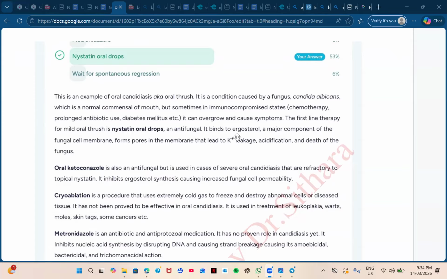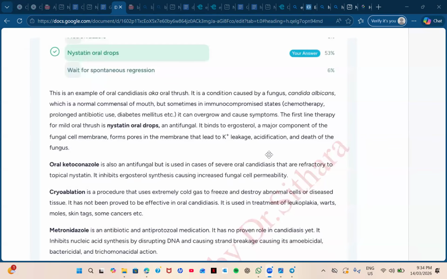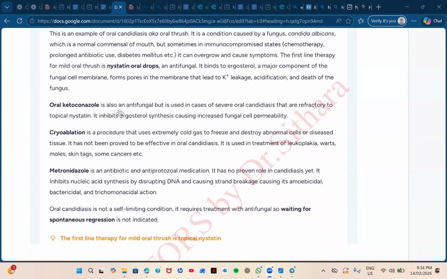An antifungal, it binds to ergosterol, a major component of the fungal cell membrane, and forms pores in the membrane that lead to potassium leakage, acidification, and death of the fungus. Why are we not using oral ketoconazole? This is also an antifungal drug, but it is used in severe oral candidiasis that is refractory to topical nystatin. It inhibits ergosterol synthesis, causing increased fungal cell permeability.